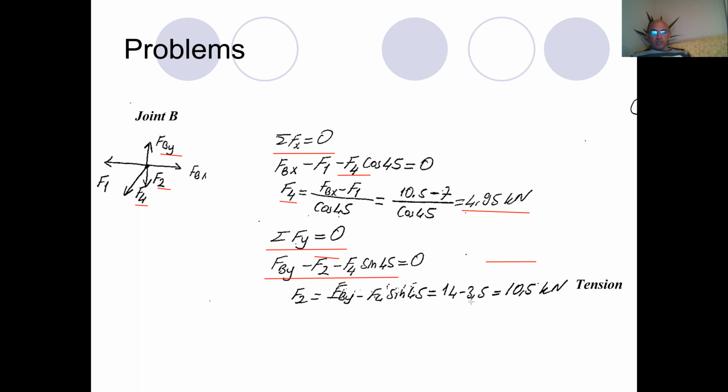F4 multiplied by sine 45 is 3.5, and this gives us 10.5 kilonewtons. And certainly, since it is positive, F2 is also tension.